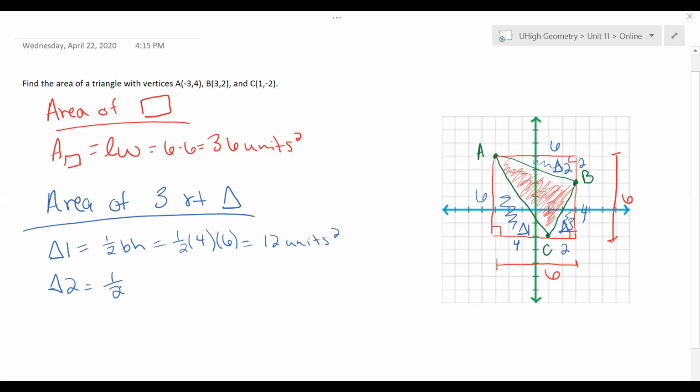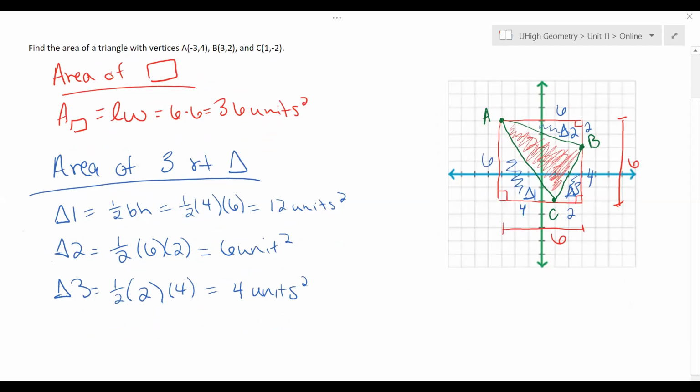My base is 6. My height is 2. So my area is going to be 6 units squared. And triangle 3, 1/2. My base is 2. My height is 4. So my area is 4 units squared.